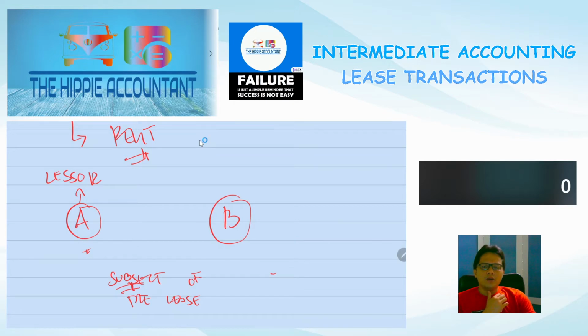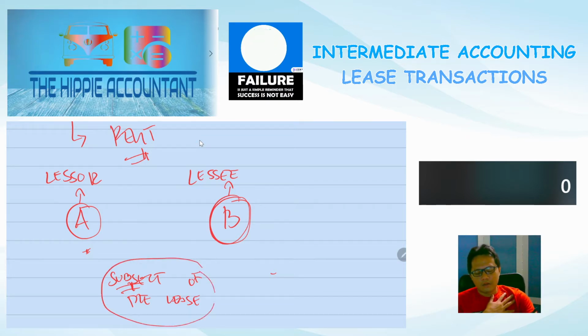The party who engages the lessor and says, sige lessor, let me rent your, let's say, land. Okay? Yung nagre-renta, siya yung tinatawag natin na lessee. Si lessee ngayon, in exchange for using the subject of the lease, will give certain consideration sa lessor.